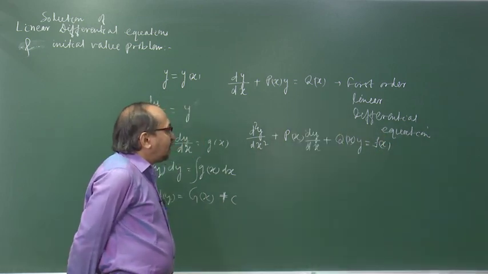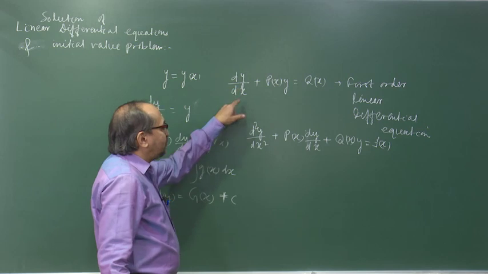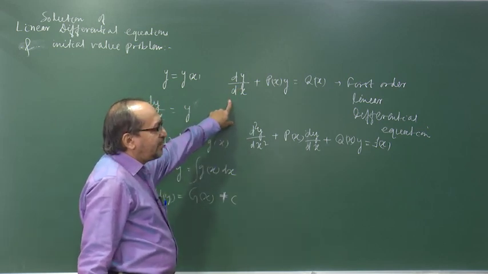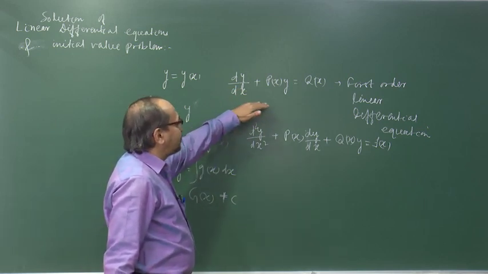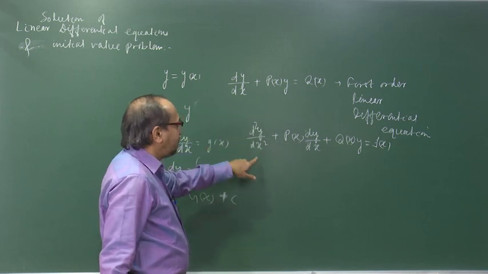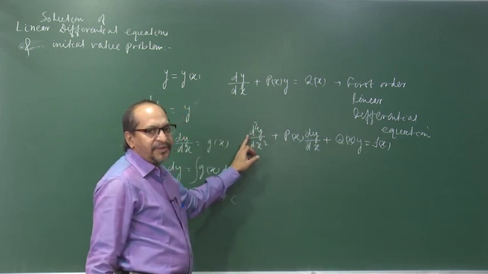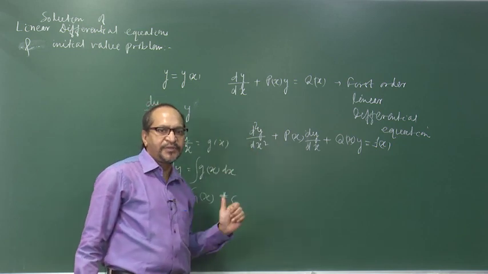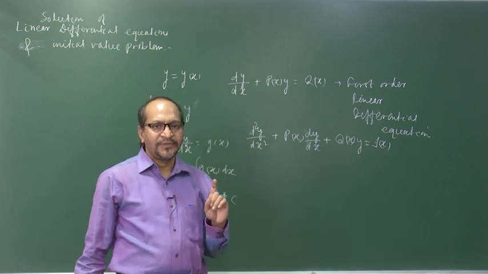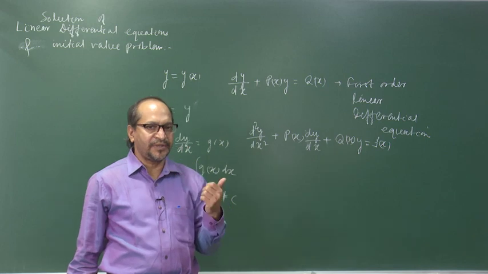These are two examples of linear differential equations. The first is a first order linear differential equation, and in this equation the highest derivative is the second derivative. In a differential equation, the order of the highest derivative is the order of the differential equation.